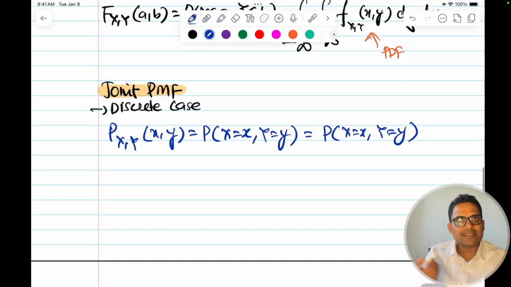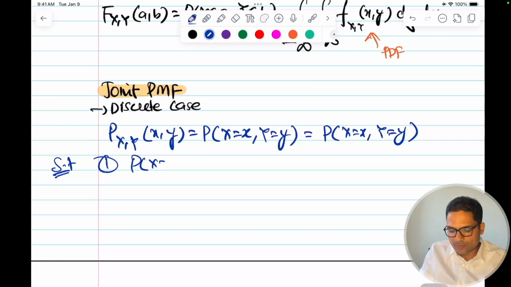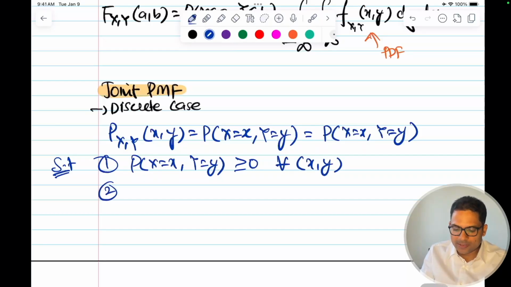And do you remember the properties that it should hold? So what are the properties? The probability that X is equal to x and Y is equal to y, that both conditions hold, is greater than or equal to 0 for all pairs of x comma y. And the second condition: all the probabilities should be positive, that's the property of probability itself, and the sum of all the probabilities should sum up to 1.